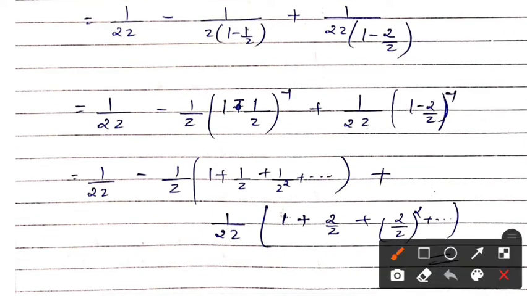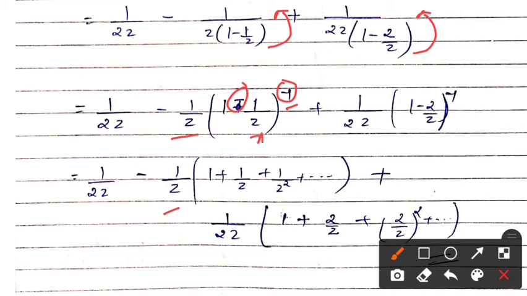Now again we have to use the binomial series. For that I have to take this above over here. So I get 1 minus 1 upon z inverse, and again if I take this over here, I get 1 minus 2 upon z inverse. Here again we have both minus signs, so all the signs in the series will be positive. This 1 upon z will be as it is.